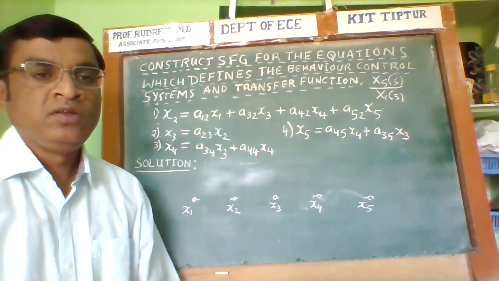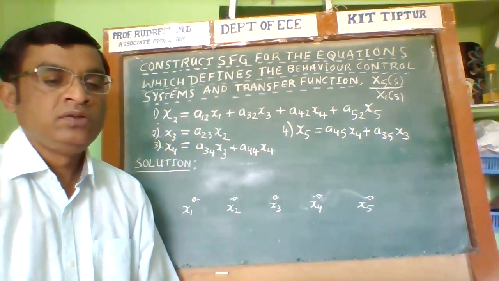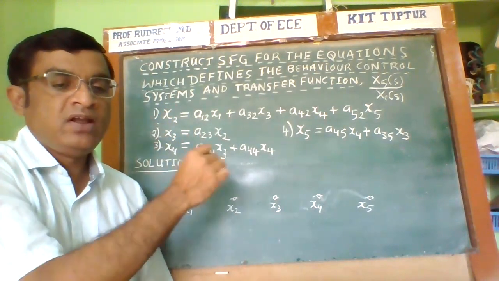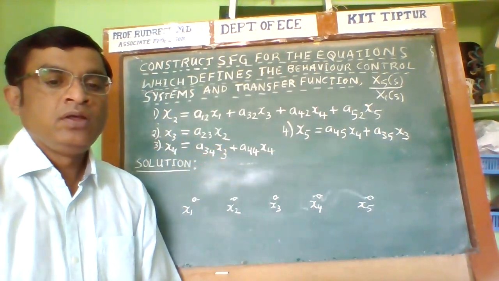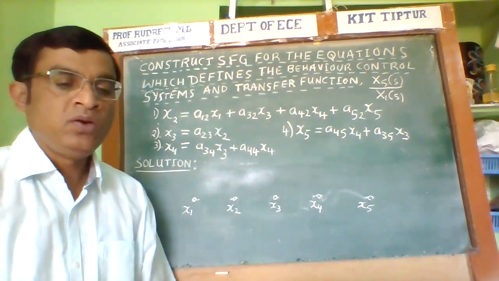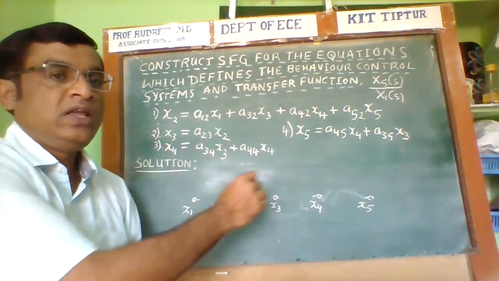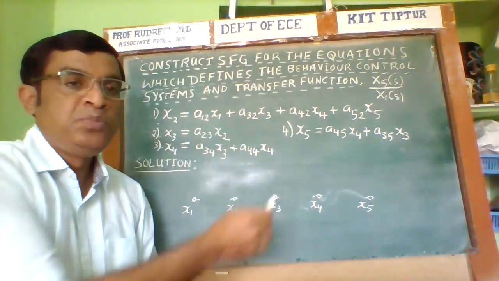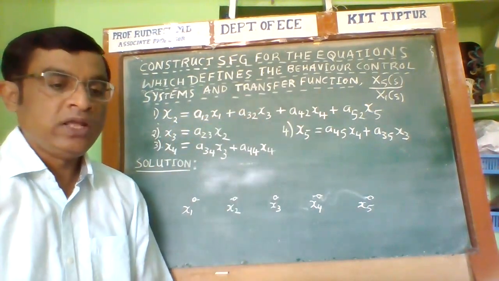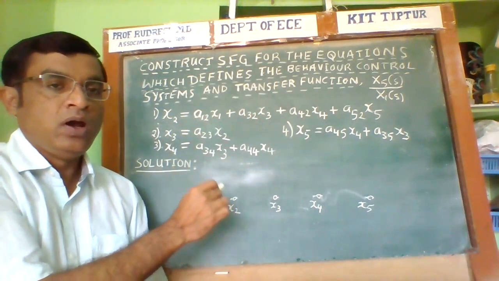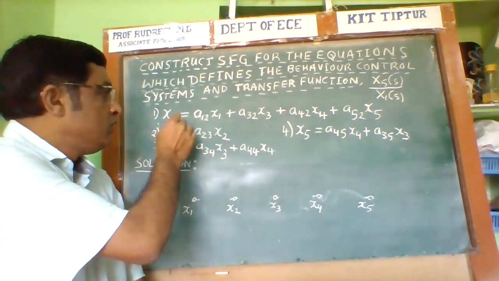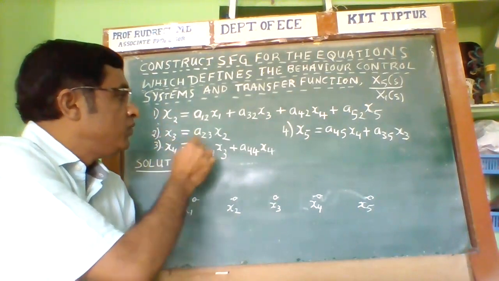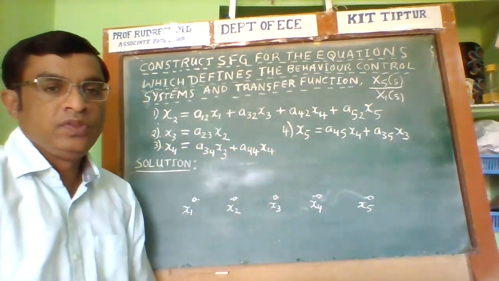Now, what is the procedure we need to follow? The left hand side of each equation represents a node, and the quantities on the right hand side are the inputs to the corresponding nodes on the LHS. Now these are the nodes x2, x3, x4, and x5.